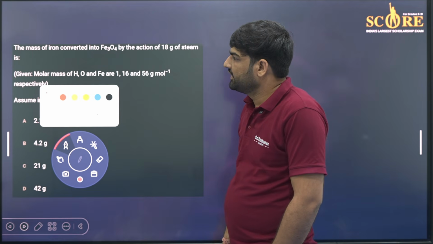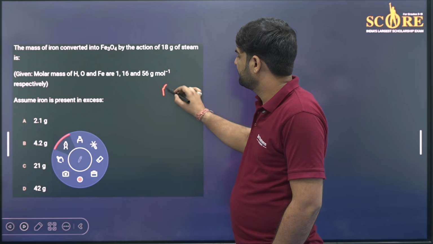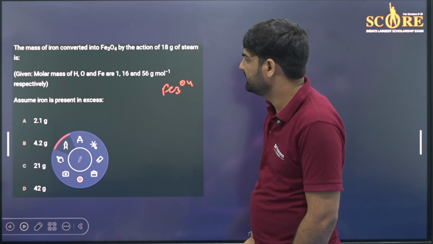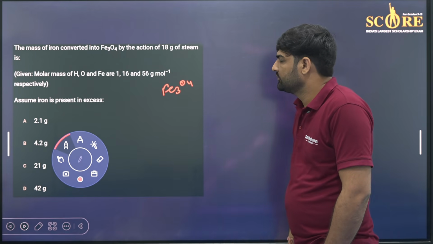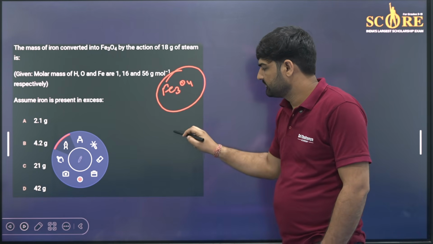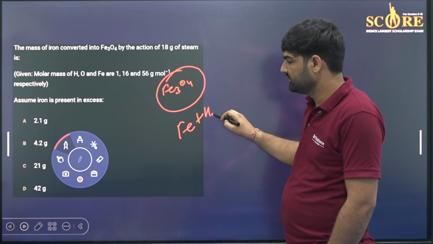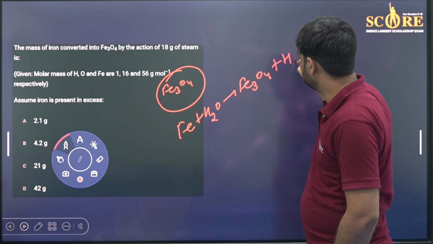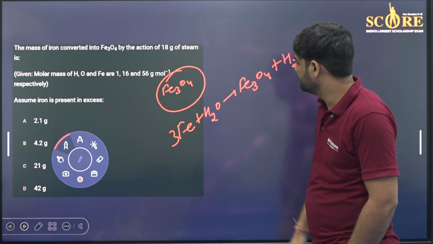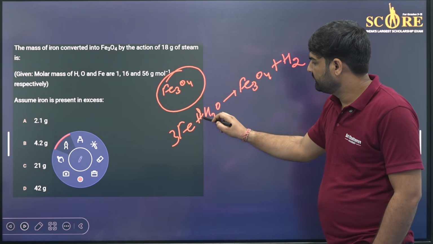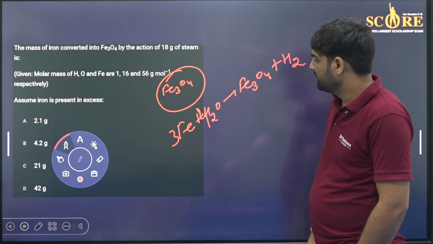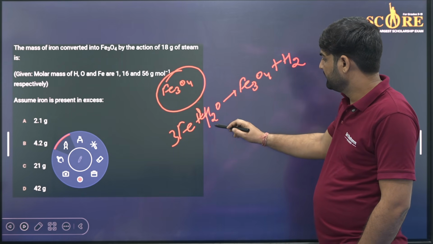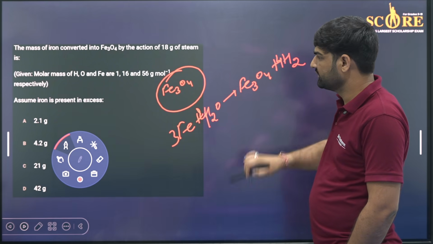Next, the mass of iron converted into Fe3O4 by the action of 18 gram of steam. So the reaction will be iron plus steam converted into Fe3O4 plus H2. If you want to balance the reaction, 3Fe, then 4H2O, Fe balance, H2O balance, and this will be 4H2.